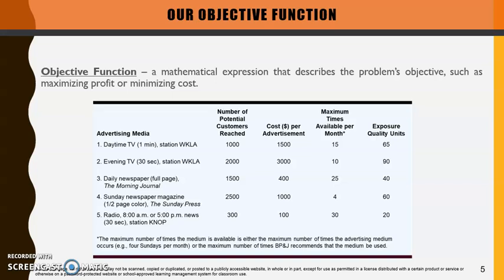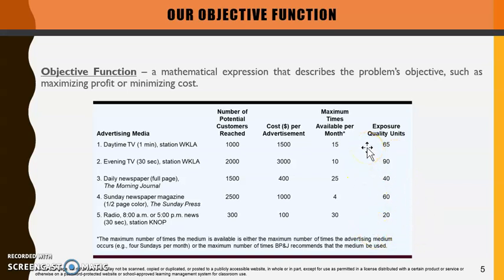We should go for the ones that we can see there is no specific goal for them. More better, less better. Here, it is exposure quality units. We want to maximize this one.